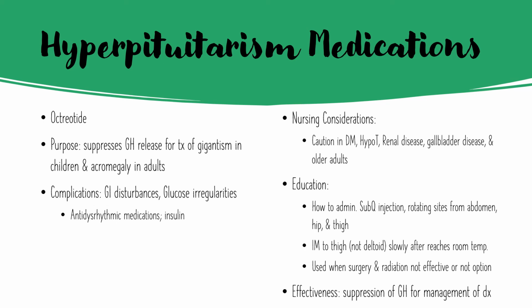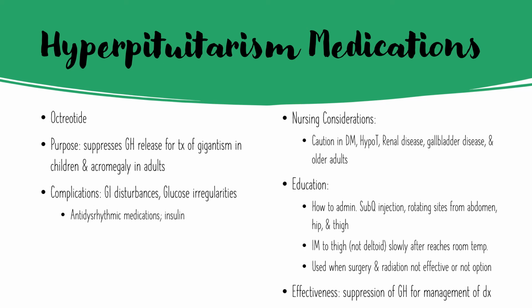So this is not always an option, is what I'm getting at, because like you see, you have to be cautious in these types of patients, and that's common because of the process that's going on here. So it can be tricky to treat, and this is really the only one that we can use that I know of, and that your book talks about.